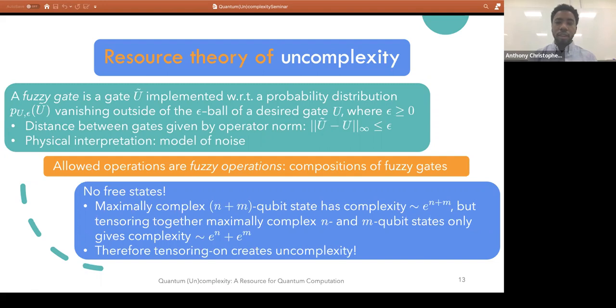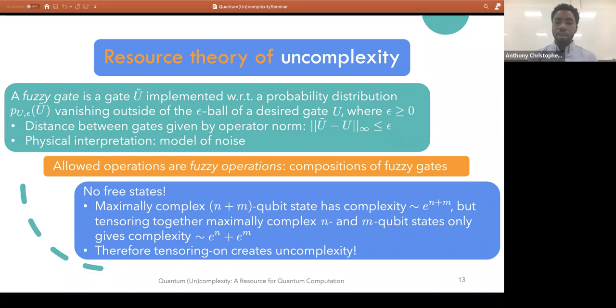If I have an n plus m qubit state, the maximally complex n plus m qubit state has complexity which goes like e to the n plus m. This is coming from the counting argument that I mentioned earlier.